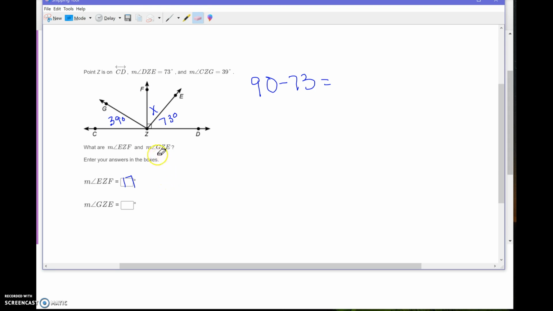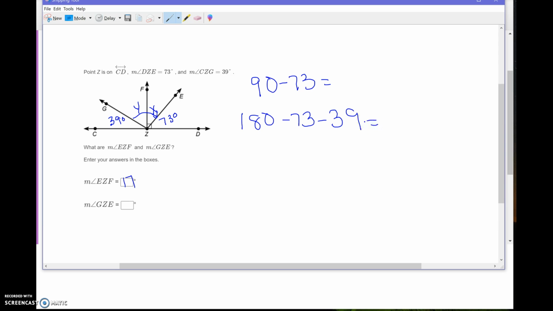We're looking for GZE, this big angle right here. So we are looking for this whole angle, going to be our Y. So it is all of these put together that are laying on a straight line. Straight lines equal 180, so we can take 180 and minus the angles we know, which is 73 minus 39.